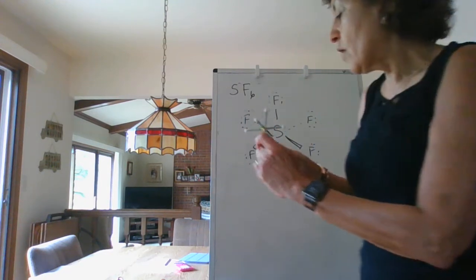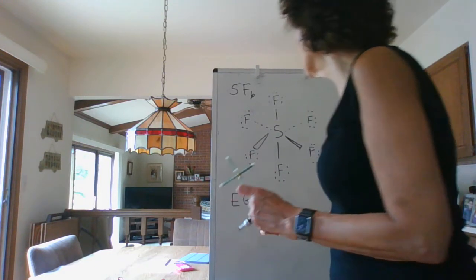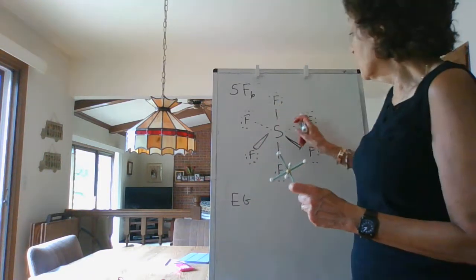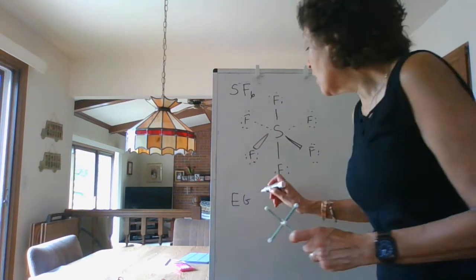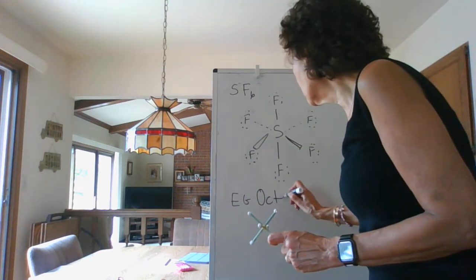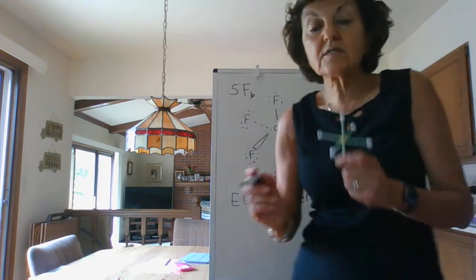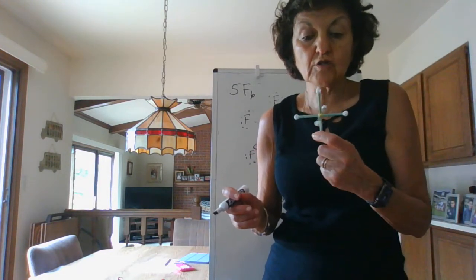So what is the electron arrangement or electronic geometry? Anytime you have 6 areas, and here we have 6 areas, 1, 2, 3, 4, 5, 6, it's called octahedral. So 6 areas is octahedral electronic geometry.